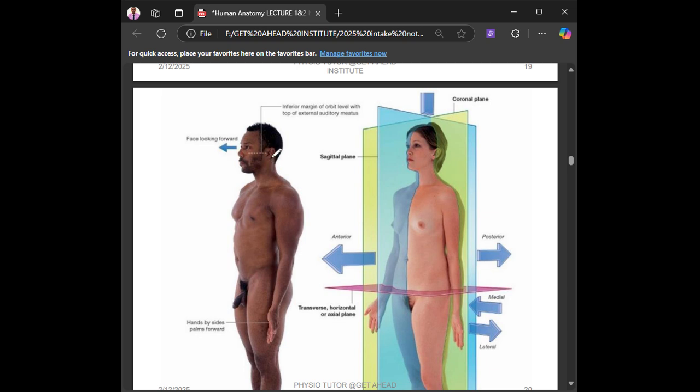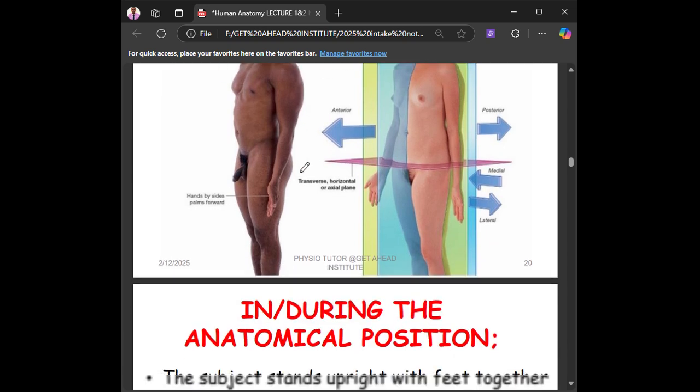So the external acoustic meatus is where my pointer is pointing right now, in the ear. Okay, that is the external auditory meatus. So hopefully that was clear.